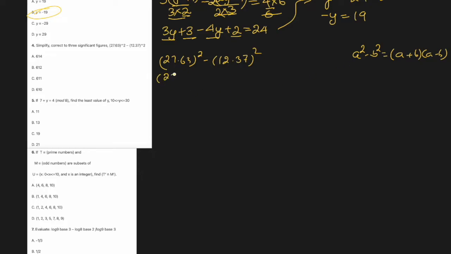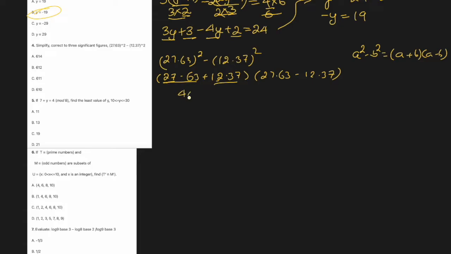Because in multiple choice you don't have to show the work, but still, with 12.37, they add once, they subtract once. 27.63 minus 12.37. This plus this will be 27 plus 12 which is 39, and these two make 1.